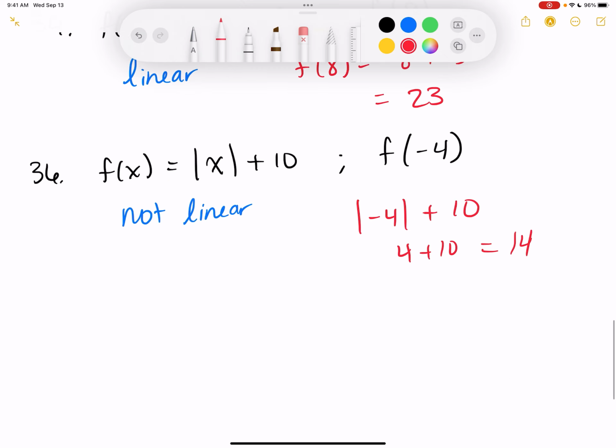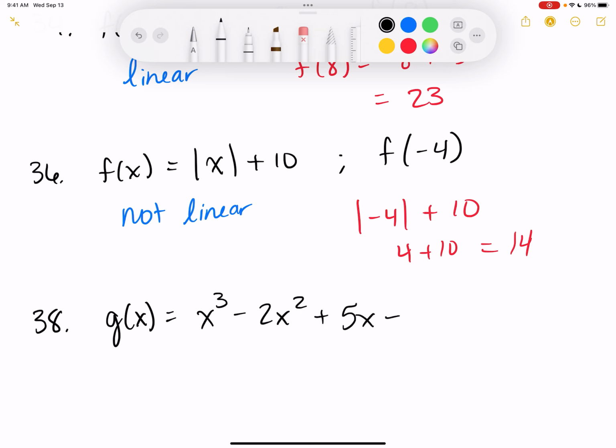All right, last one, and then we will be done. 38. g of x is equal to x cubed minus 2x squared plus 5x minus 8. And we're going to do it for g of negative 5. Is this linear? We know what kind of function it is.